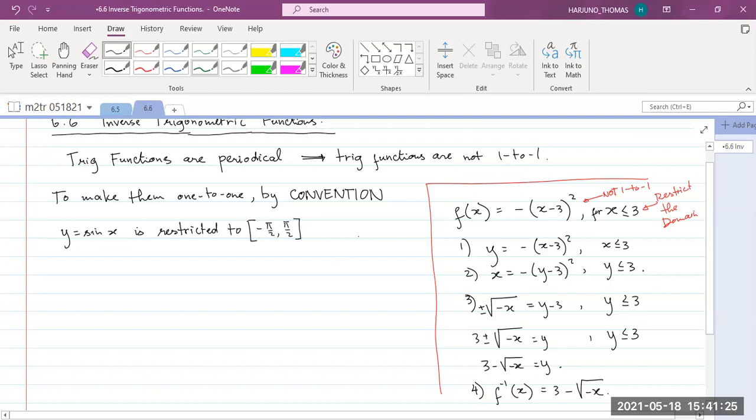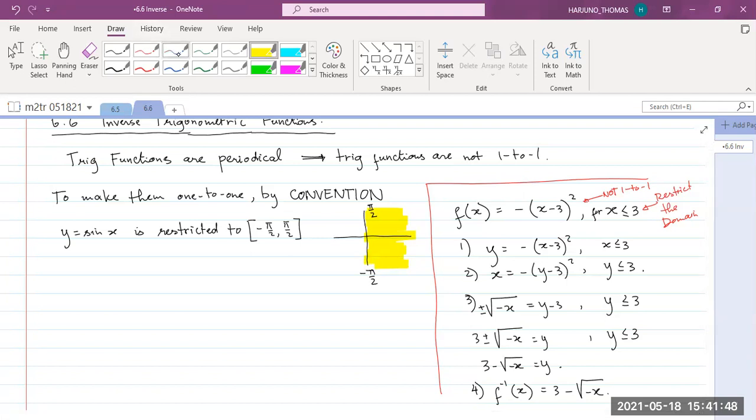Some teachers say that's quadrant 1 and quadrant 4. I prefer to say that's quadrant -1 to quadrant 1. So the region for the restricted domain will be in quadrant -1 and quadrant 1.